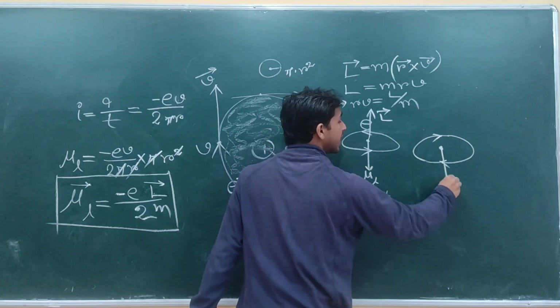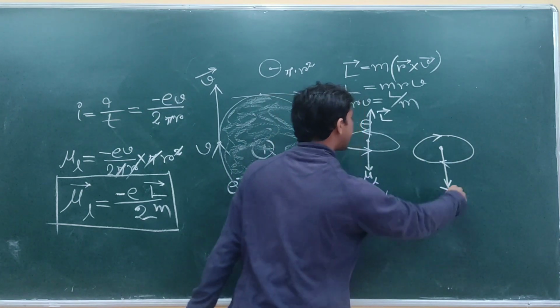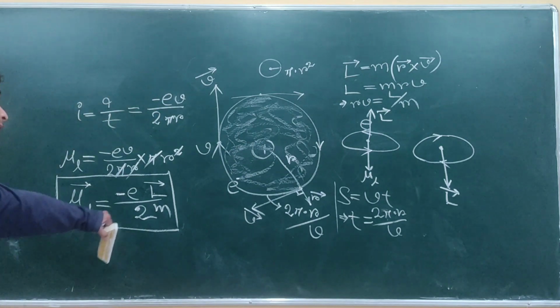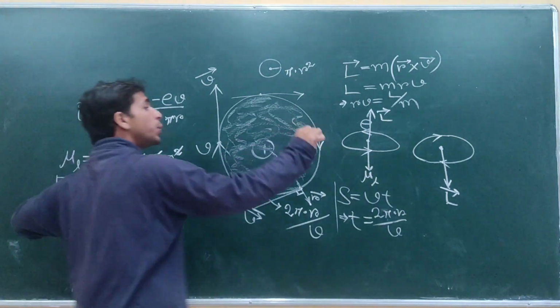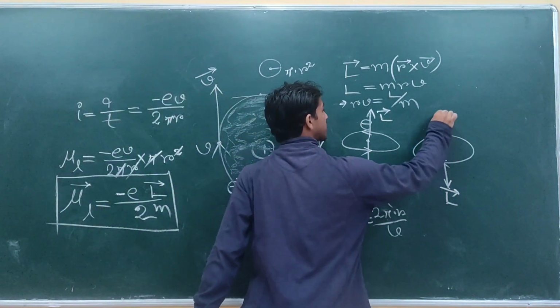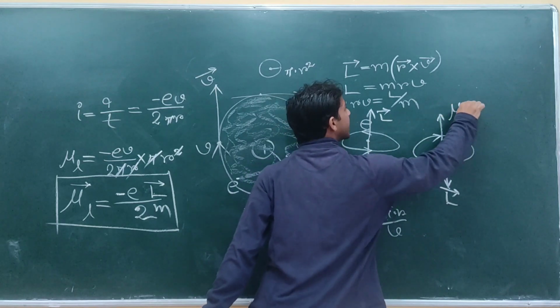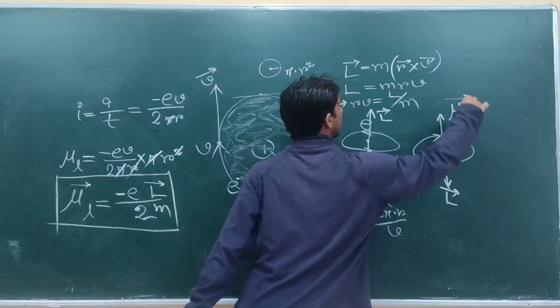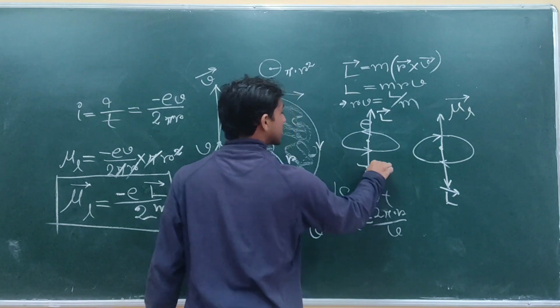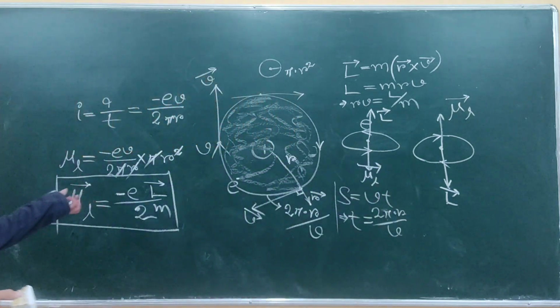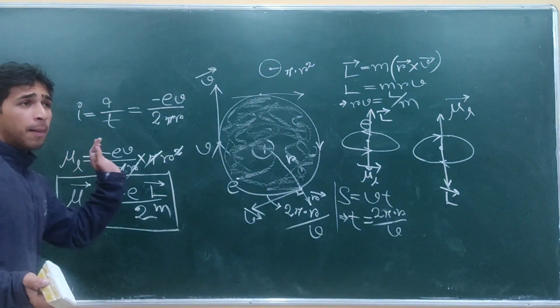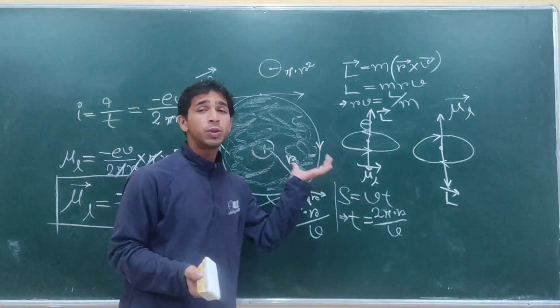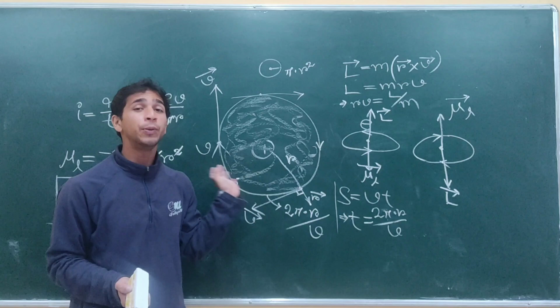So this will be the direction of the L vector, and from this formula it's clear, as there is a negative sign, mu L will be directed upwards. So this is the direction of the created mu L, and here also a vector sign exists. That's how you can calculate the magnetic dipole moment due to the motion of the electron around the nucleus.